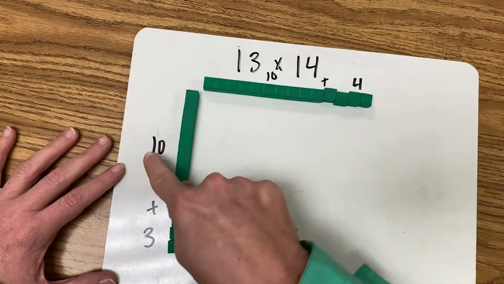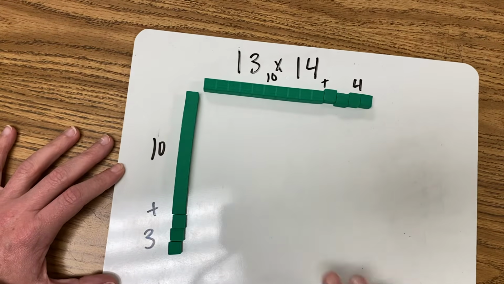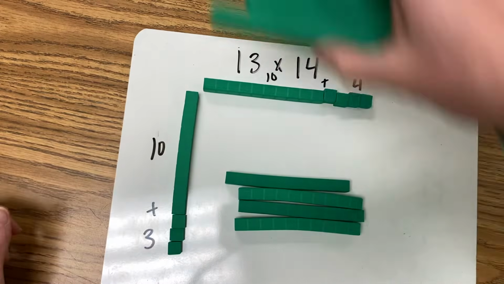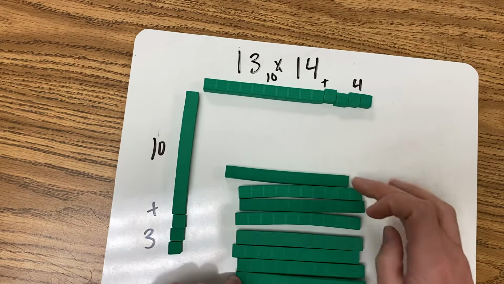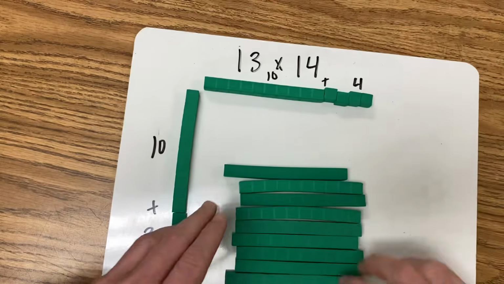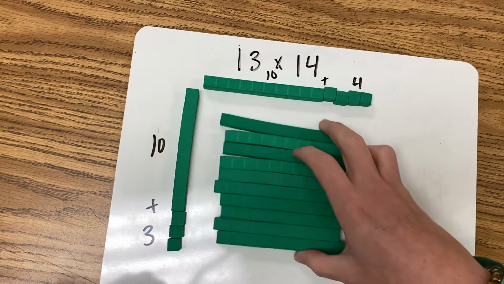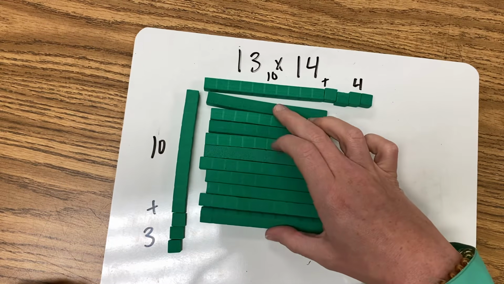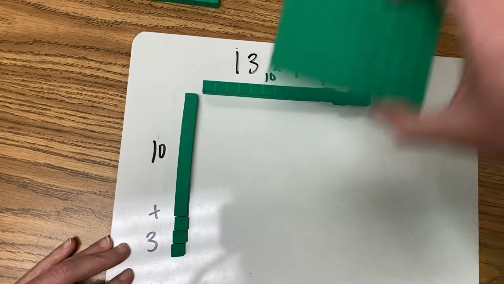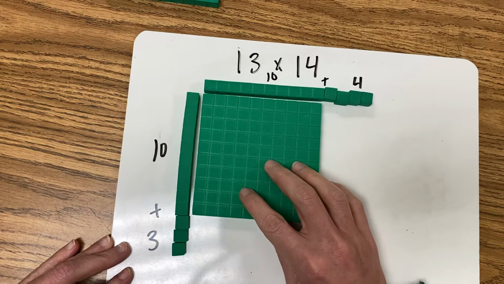So students would do 10 rows of 10, and as students build 10 rows of 10, most of them would already know this. 10, 20, 30, 40, 50, 60, 70, 80, 90, 100. If they did 10 rows of 10, they see that that is 100, okay? So instead of using the 10 rows of 10, they could just use a 100s flat, okay?